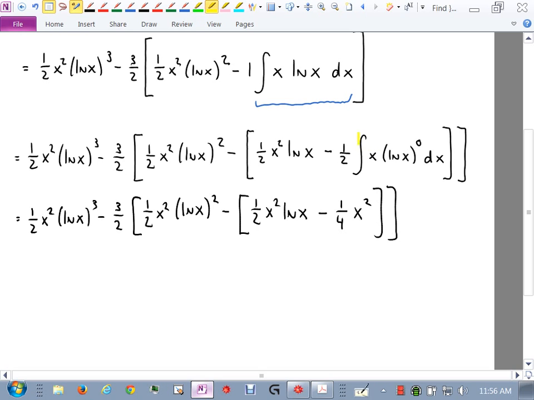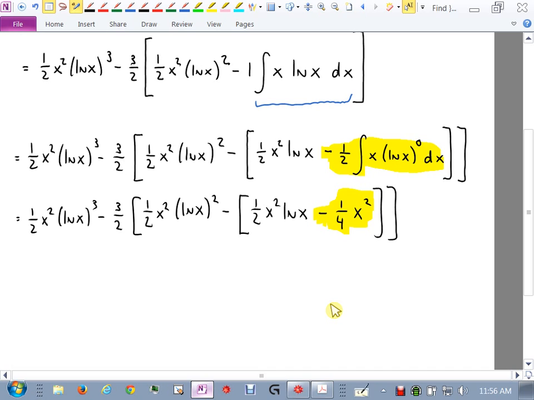So just keep in mind here that this whole thing right here turned into just this, right? This right here, antiderivative of x was 1/2 x squared, but then you hit it with this, it becomes negative 1/4 x squared. Agree?